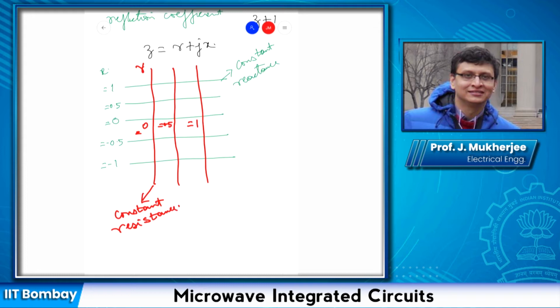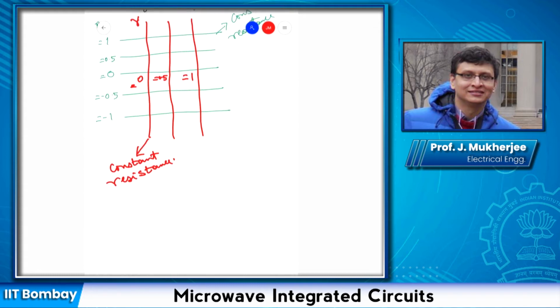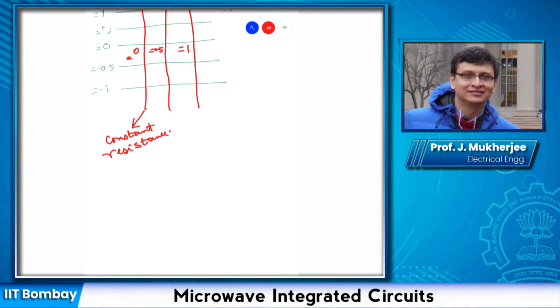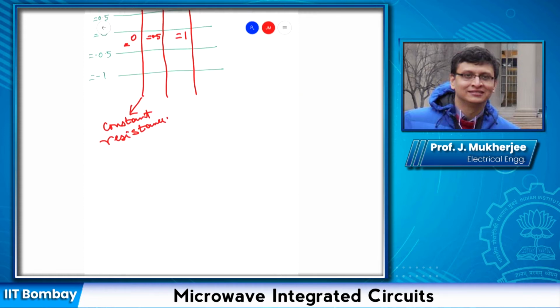So these constant resistance lines, how do they get transformed? They get transformed like this.